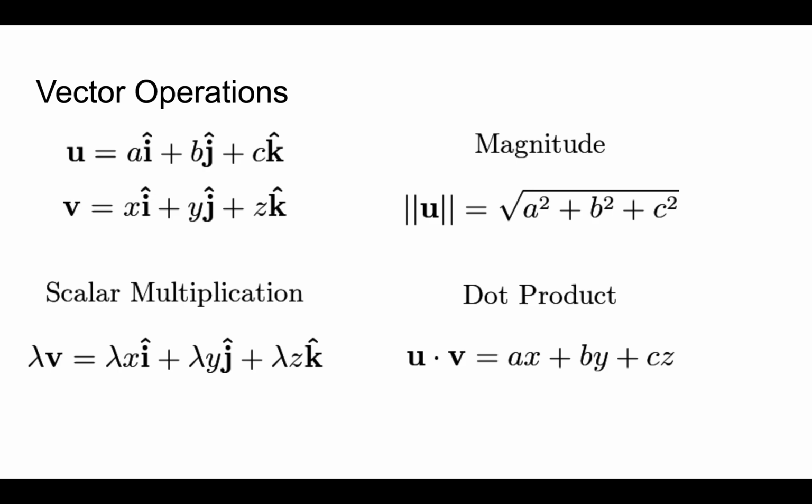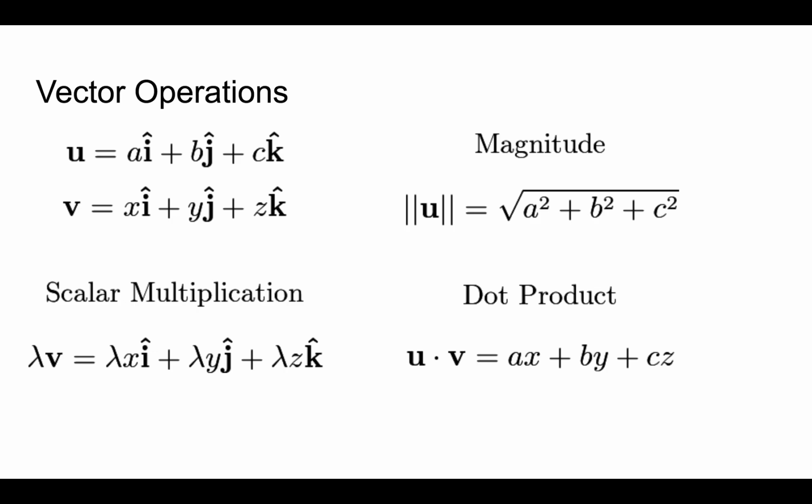And as in the Pythagorean theorem, where distance is equal to the square root of x squared plus y squared plus z squared, if we're taking the magnitude of a vector u, as we defined u, it's got an x component of a, a y component of b, and a z component of c, then the magnitude, which is the geometric length of the vector if you think about it in three-dimensional space, is equal to the square root of a squared plus b squared plus c squared. Again, the same way that you would think about it with the Pythagorean theorem.